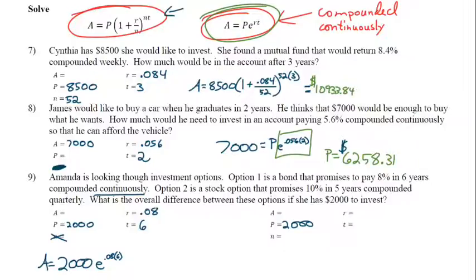Option 2 is a stock option that promises 10%, which as a decimal is 0.1, in 5 years, so T is time, compounded quarterly. If you do something quarterly, you do it 4 times in the year. So your equation is A equals 2,000 times 1 plus 0.1 divided by 4 to the 4 times 5.